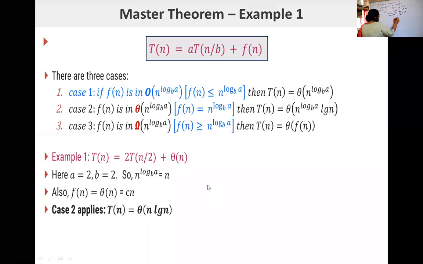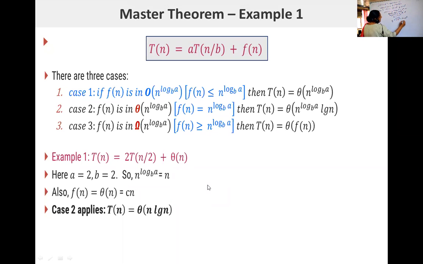So d will be equal to 2. So you see a is equal to 3 and the theorem says this condition is applicable if a is less than b raised to power d. So b raised to d is 2 raised to power 2, that is 4. So condition 1 is applicable.